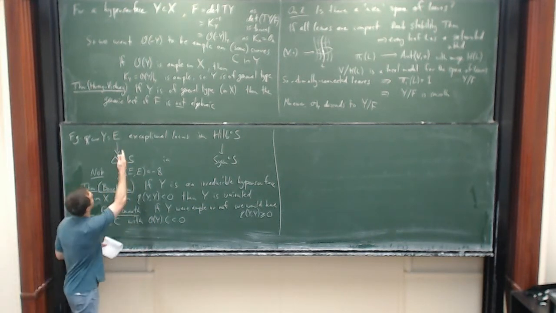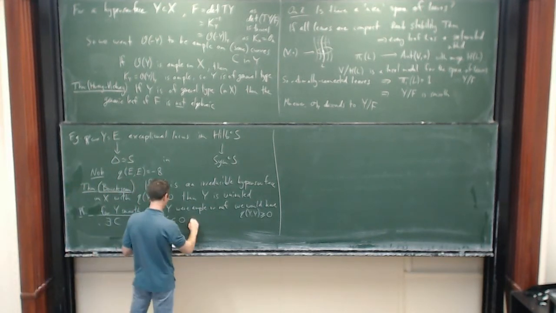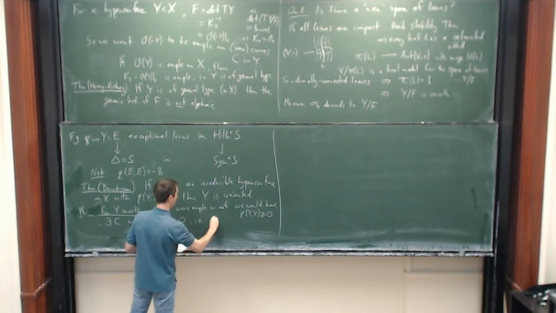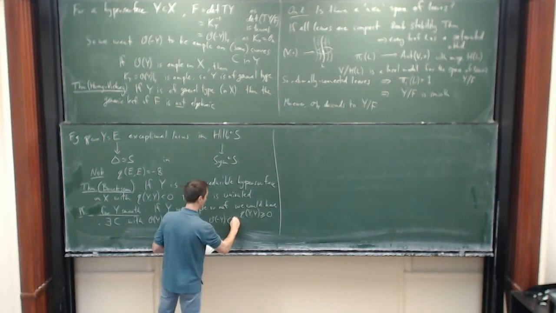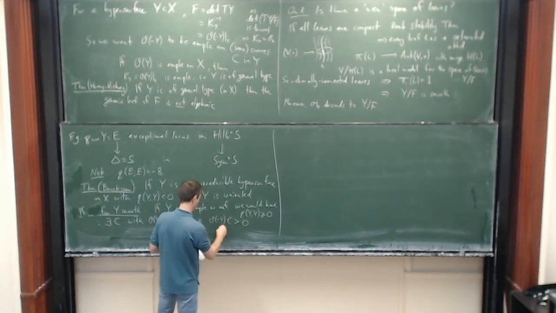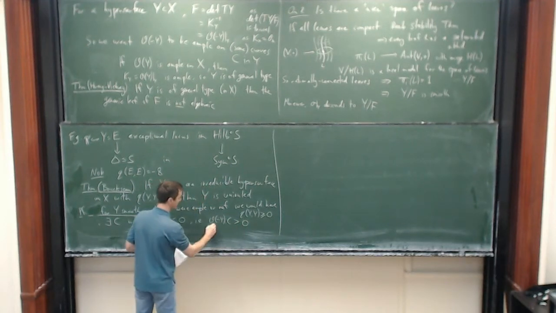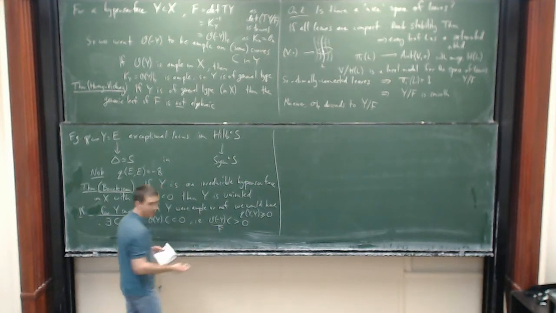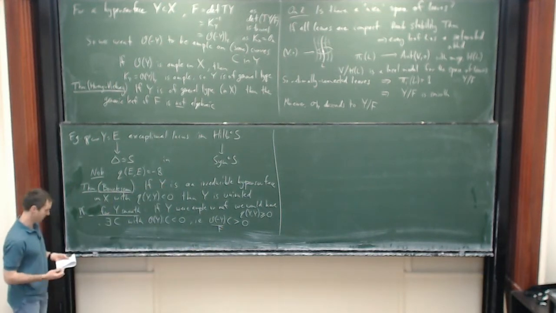And so that's the hypothesis that we need up here. So O(-Y) restricted to C is positive. Remember this is F, so the characteristic foliation is ample on this curve.